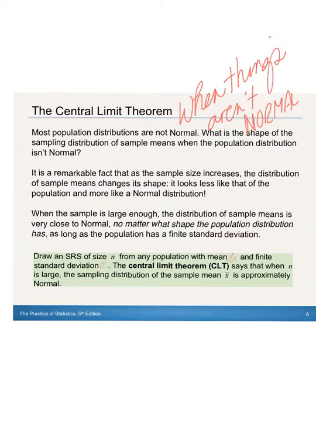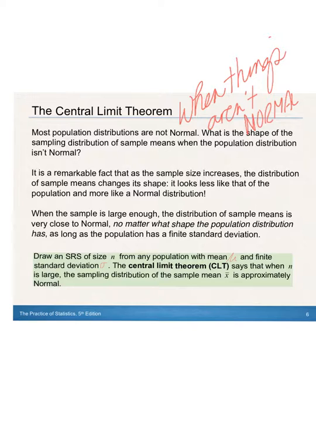So sometimes the population is not at all normal, and you're wondering, well, what can I do now? But most population distributions aren't. But when we look at the sampling distribution, particularly of the sample mean, we find that the shape of the distribution as the sample size increases becomes more and more normal. And so when the sample size is large enough, the distribution of the sample means is very close to normal, no matter how skewed the original population distribution is.